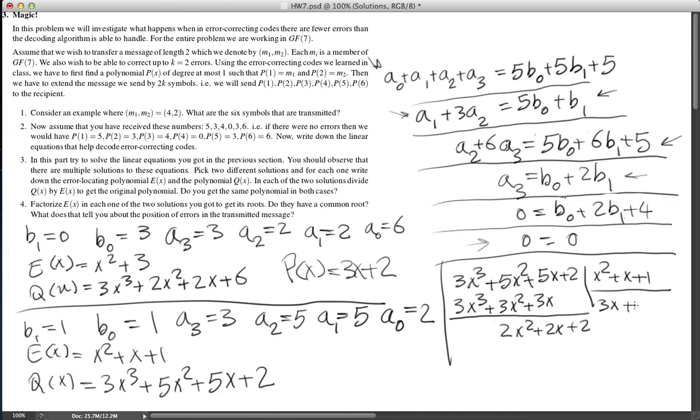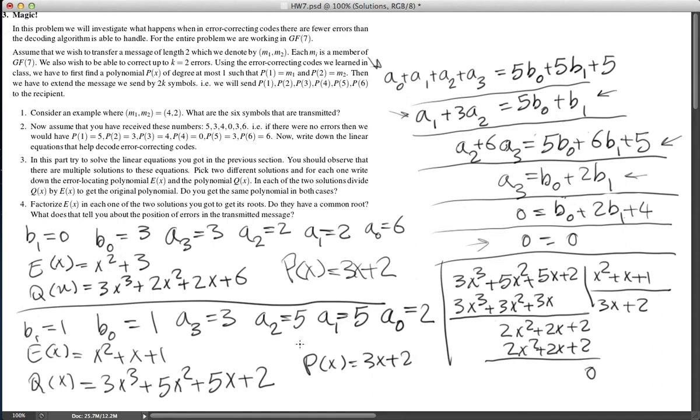Now for the second term we're going to have a 2 here, so 2x squared plus 2x plus 2. And if you subtract things out, you get 0. So this time q of x was also divisible by e of x, and the result of the division, which gives us p of x, was again 3x plus 2.